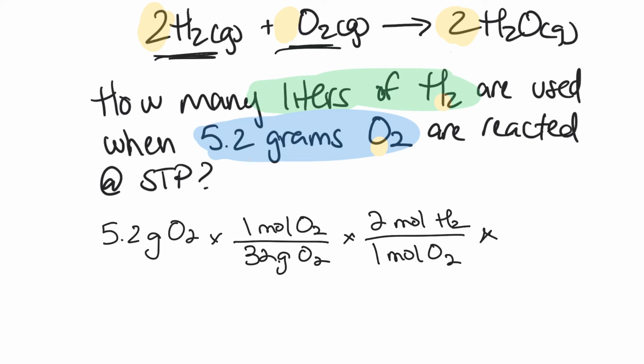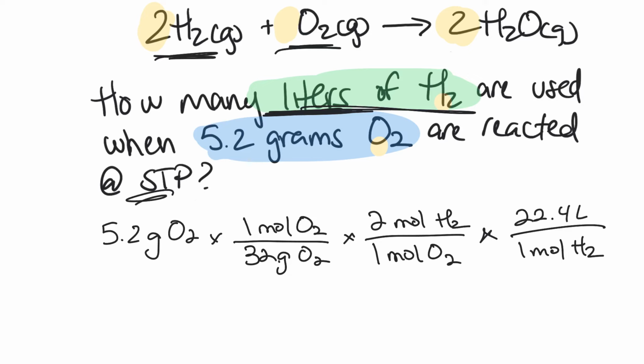Now that we have that, we need to know how many liters we have of H2 at STP. And so we know the relationship is that for every 1 mole of H2, the volume at STP is 22.4 liters. All right, and so everything should cancel out. Grams of O2 cancel out, moles of O2 cancel out, moles of H2 cancel out, and you should be left with liters of H2, which is what you want.